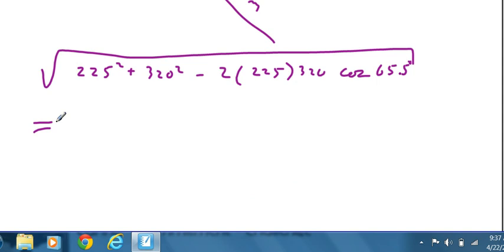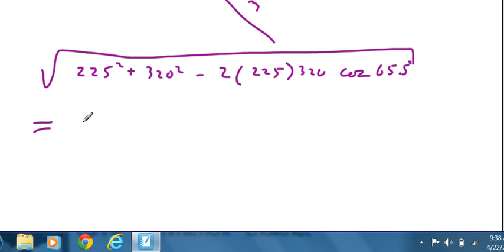Another problem that we didn't have to think about. Just wait until we get to 11. Look at 11, I don't believe it. Square root of 225 squared plus 320 squared minus 2 times 225 times 320 times cosine 65.5, couple sets of parentheses.